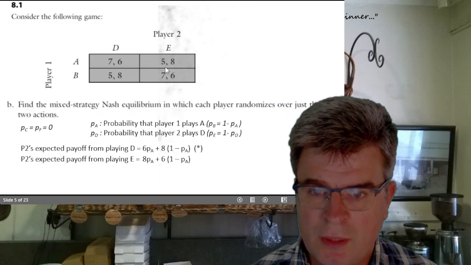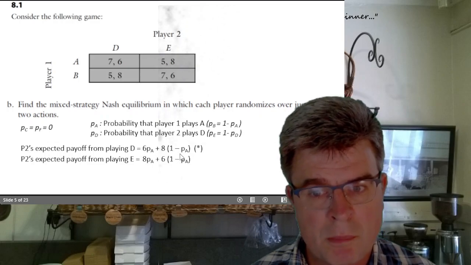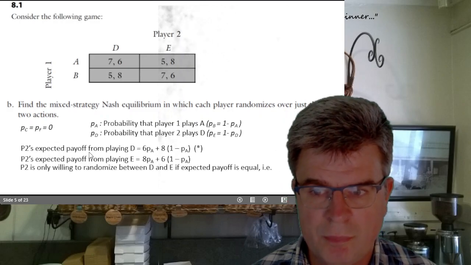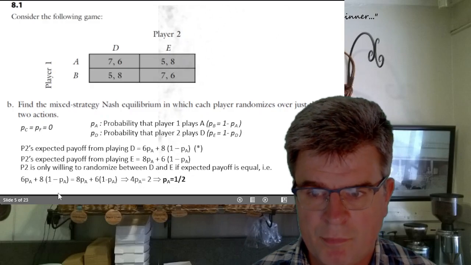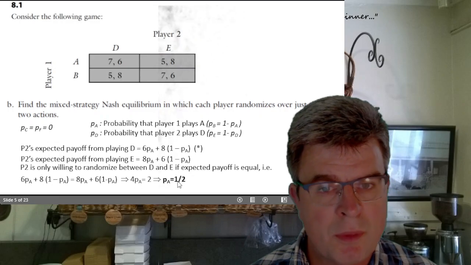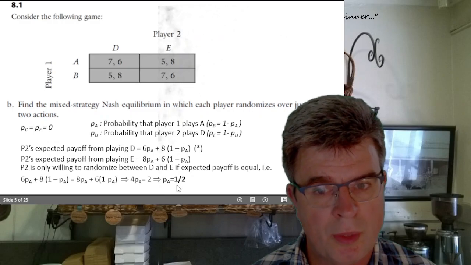So we know that in a mixed strategy equilibrium, this expected payoff needs to be identical to this expected payoff over here. So we equate the two and we solve for PA, and we find that in the mixed strategy Nash equilibrium, PA is equal to 1/2.